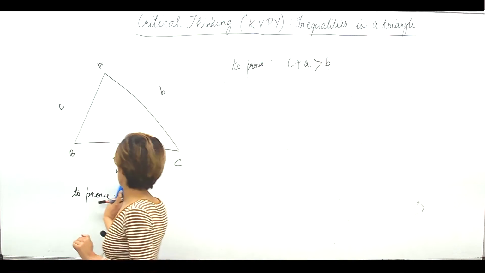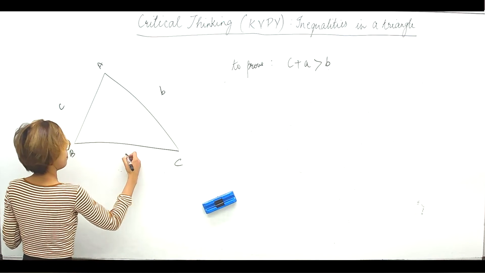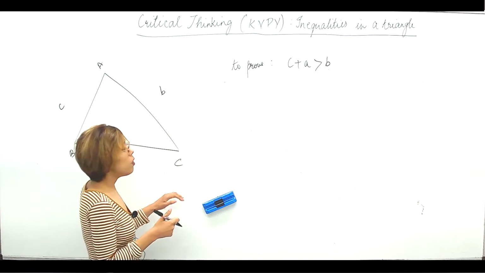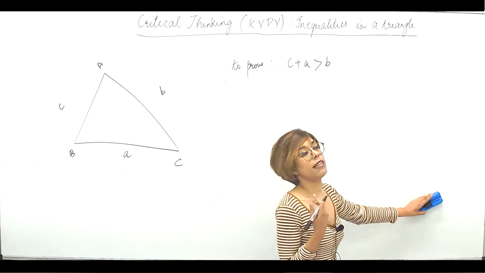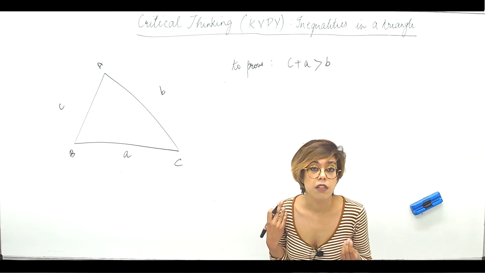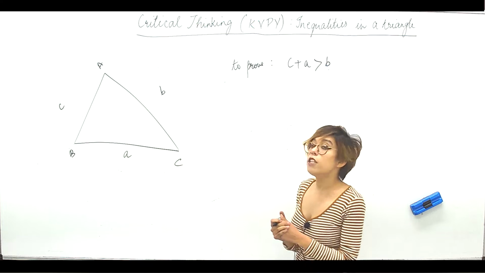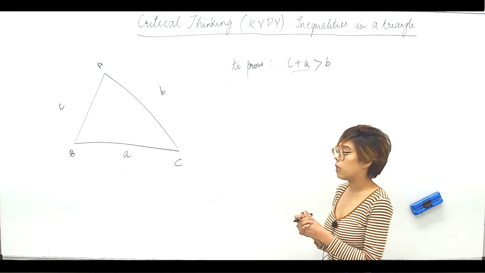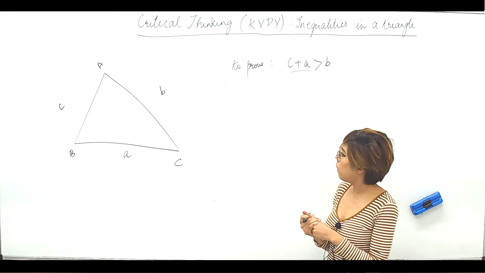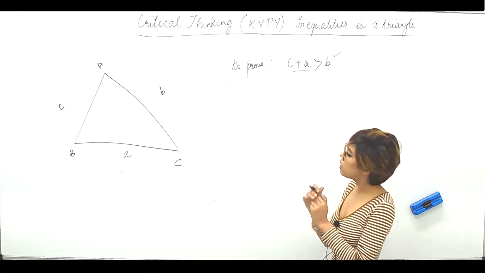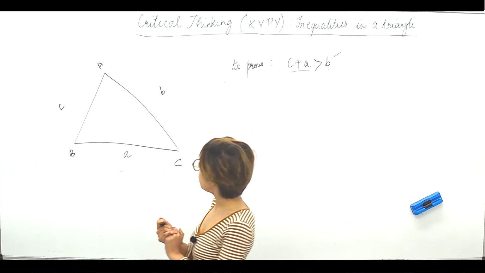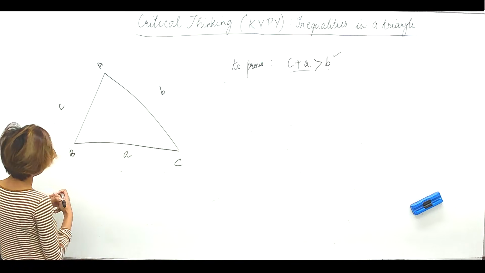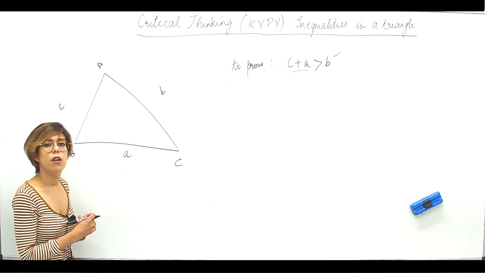Right? Okay. Now how should I proceed? Now the inequalities that I know, that are applied in a triangle. That means in a triangle I should have the side c plus a. Right? And b as well. The problem is how will I apply c plus a? That is the problem.